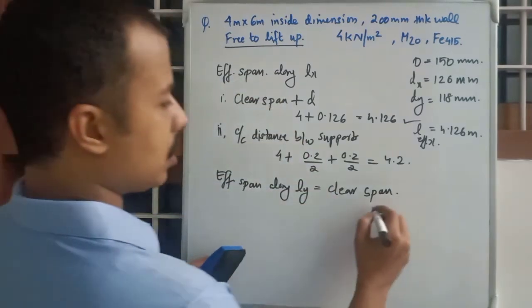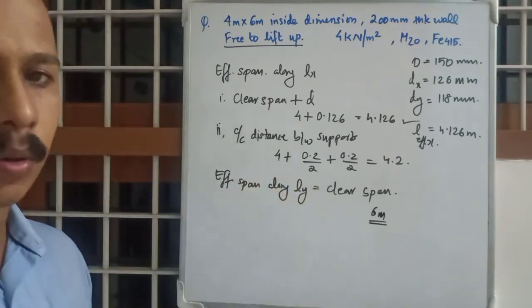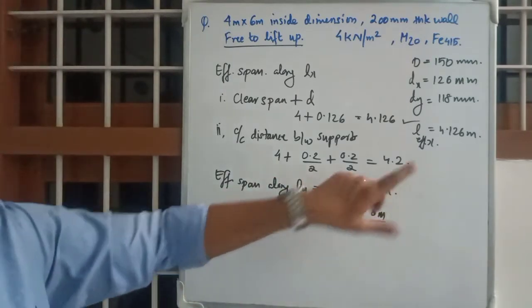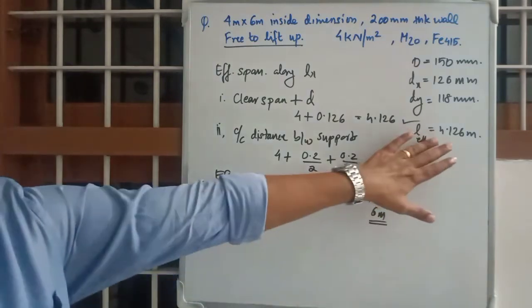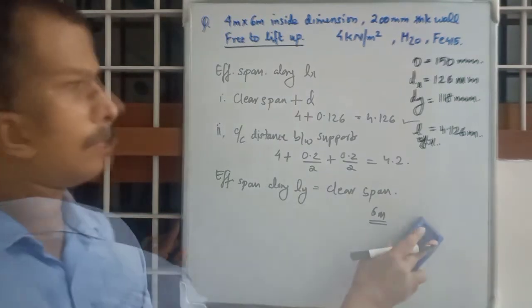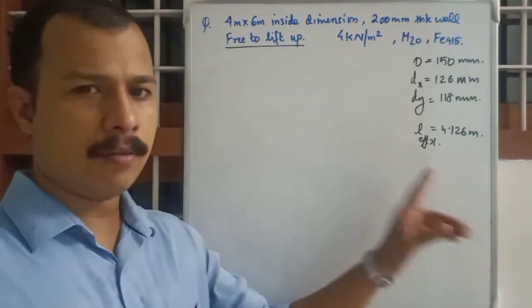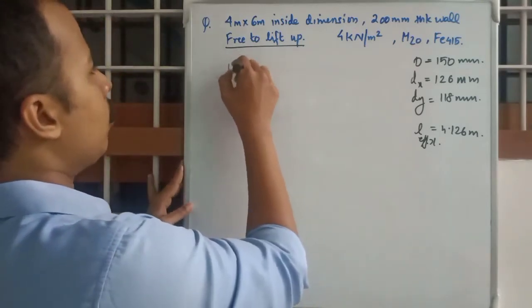Clear span is just 6 meter. So we won't be using the 6 meter all that much. It's a bit irrelevant compared to 4.126. So we'll be adopting this value as primary. Okay, so that was effective span. So we have effective span, and now we are going into load calculation.